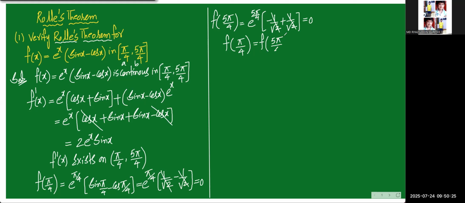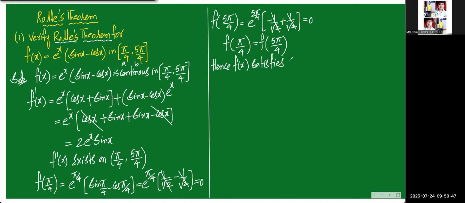Please reply for its steps. Otherwise, I don't know whether you are there in the class or not. So what do you say? Hence, f of x satisfies all conditions of Rolle's theorem. All three conditions, you write, all conditions of Rolle's theorem.